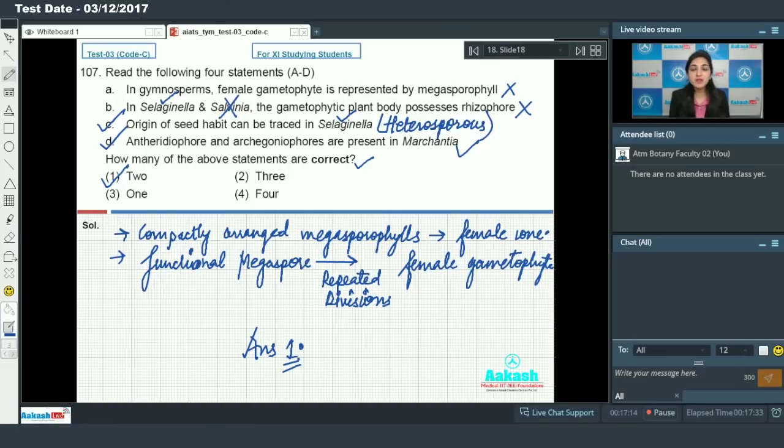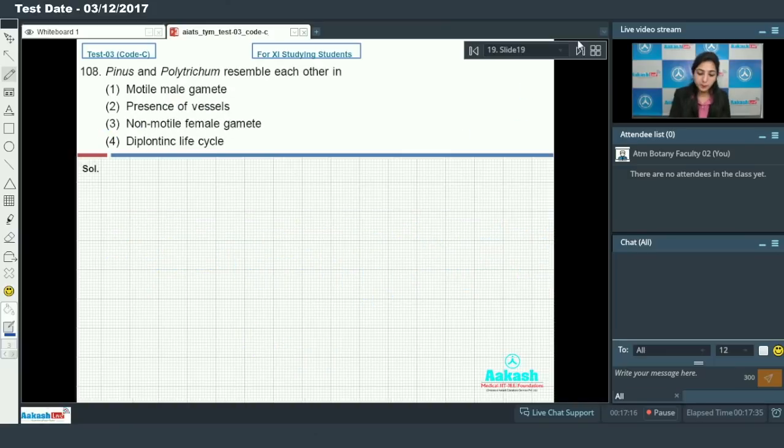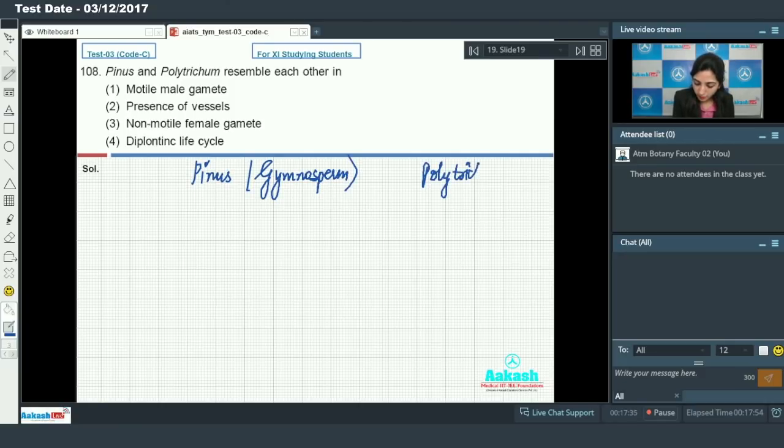Moving on to the next question, that is question number 108. Pinus and Polytrichum resemble each other in Pinus. We know it is a gymnosperm, and Polytrichum is a bryophyte.